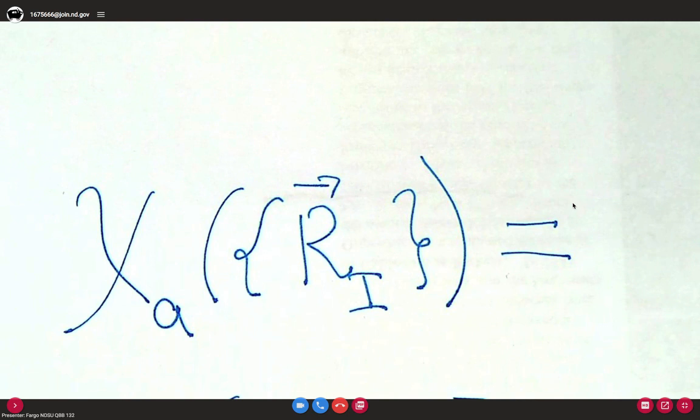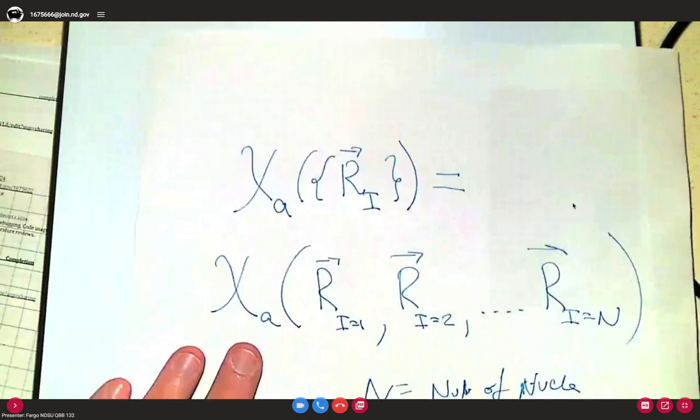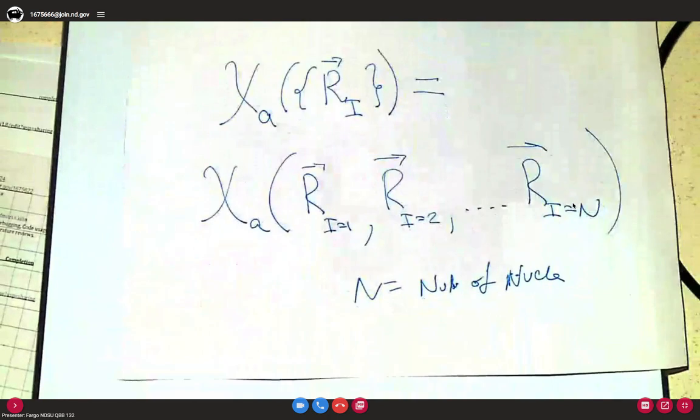So my question would be: would you take each individual R, say sub 1, as its own equation, then R2, or are you saying we take chi A of R1 times R2 times R whatever, and so forth? Right now we are doing it slowly but surely, one thing at a time.